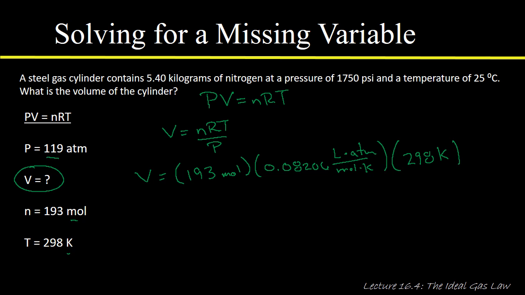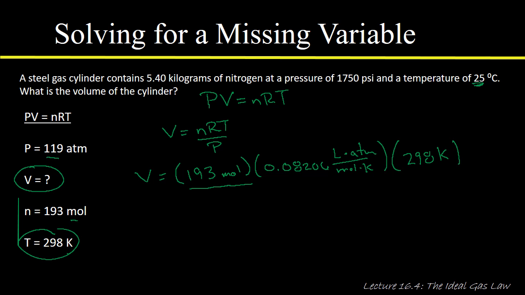Okay. And notice the temperature was given to us as 25 degrees Celsius, which looks like 2 sig figs. But once we add the 293 to it, to get 298 Kelvin, it's now 3 sig figs. So all of our data is in 3 sig figs.